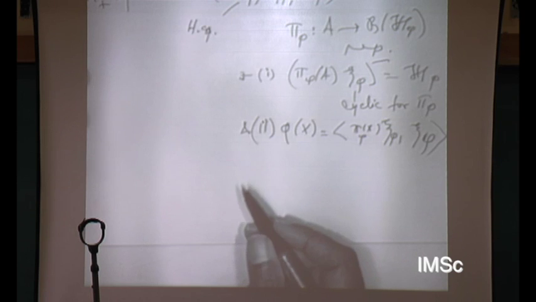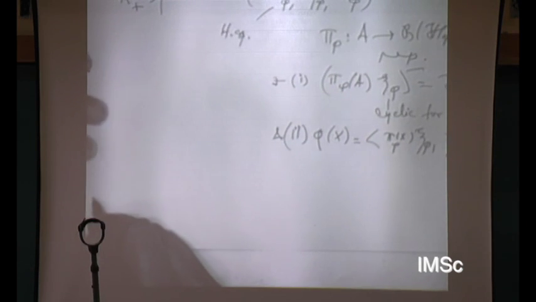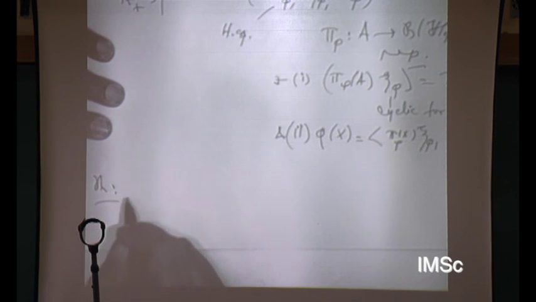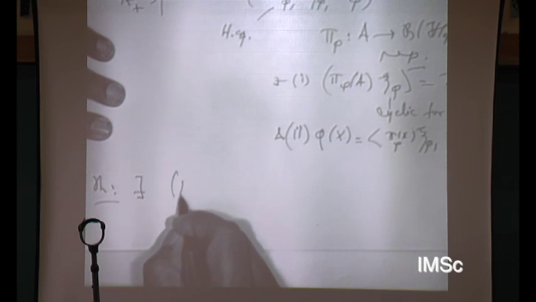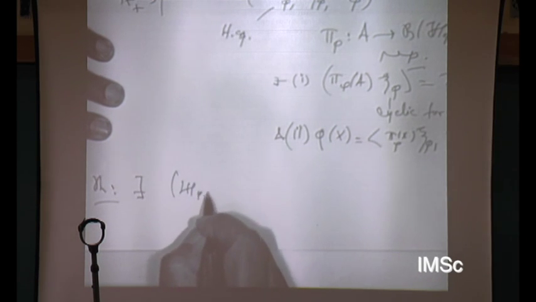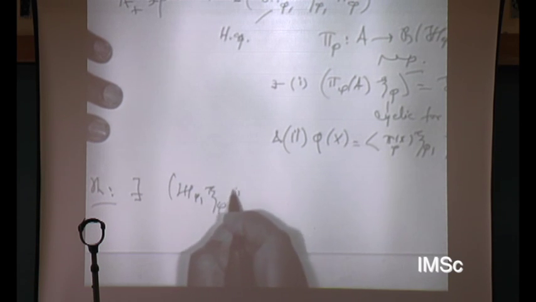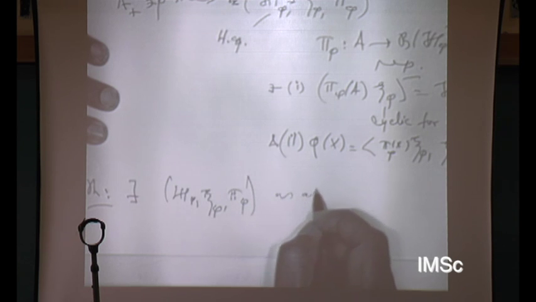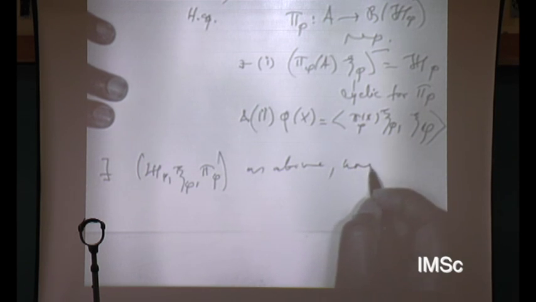And so the GNS theorem says that there exists such a triple as above, which is unique up to unitary equivalence.